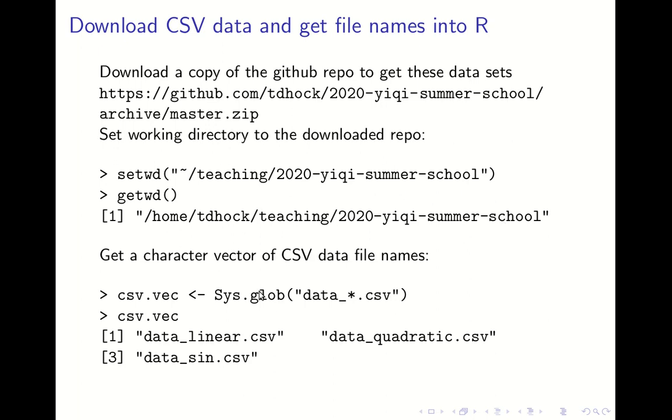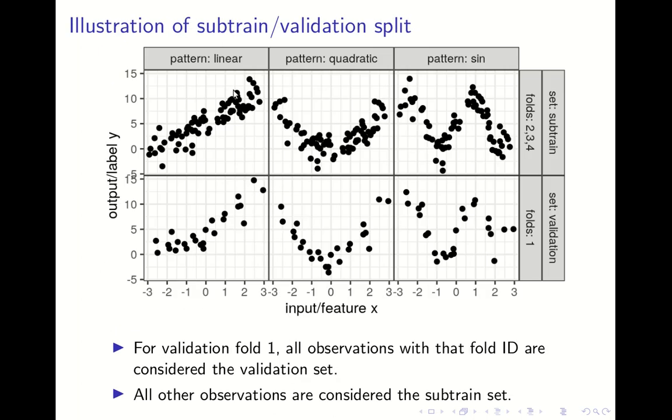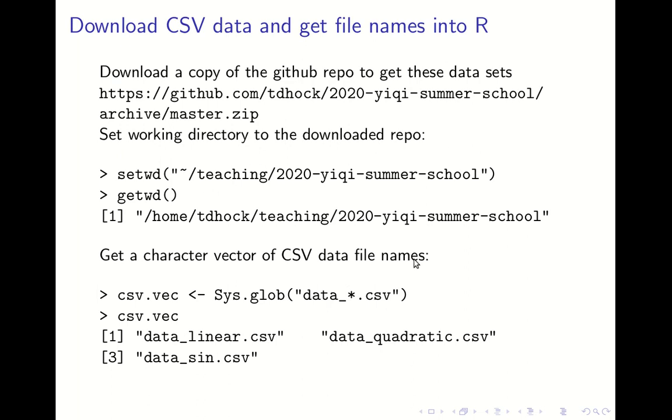And then, all of these simulated data sets that we've seen in the previous figure, the linear, quadratic, and sine patterns, there are corresponding CSV files with those names as well. If you do Sys.glob of data star dot csv, that means to get a character vector of all of the corresponding files that match this pattern, where the star can be anything.